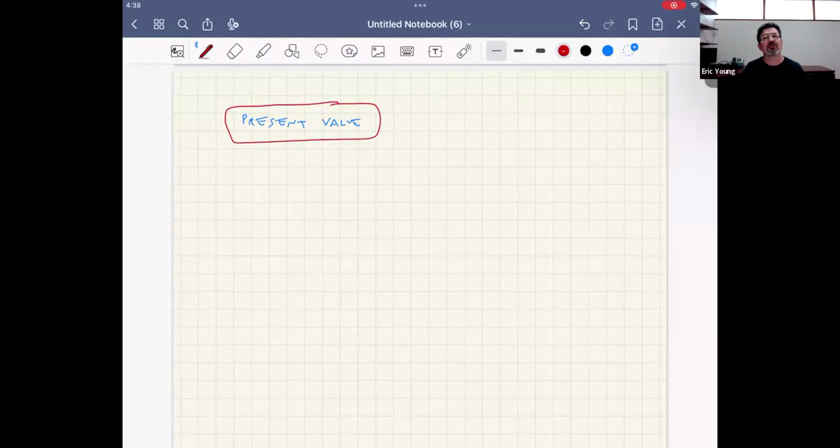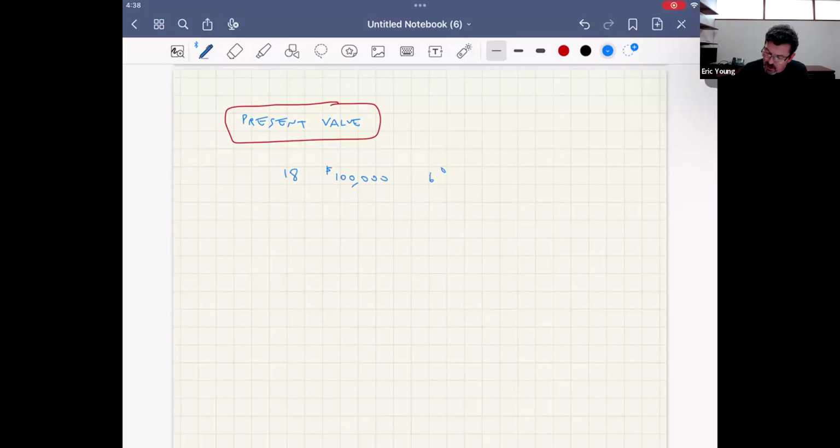Then we'll solve it with the scavenger hunt idea. Okay. Let's suppose that you just had a child. So you and your partner just had a child and you want to start saving for the kid's college education. So you decide that when the kid starts college in 18 years, you want to have $100,000 in the college fund.